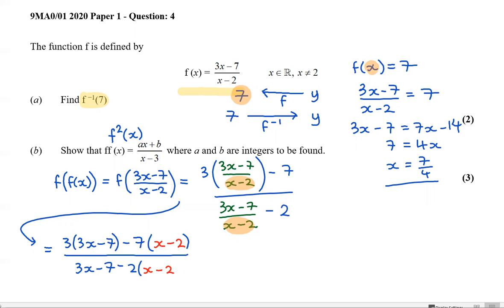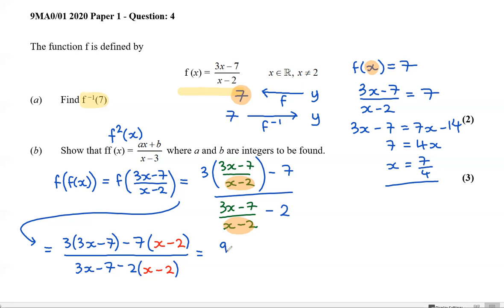I think this is the easiest way to do it. There are other ways. You could expand and simplify, collect like terms top and bottom, and then clear the fraction. But I find that takes longer and it's liable to cause mistakes in the algebra. Okay, this has fewer steps. So let's just collect like terms, expand and simplify.